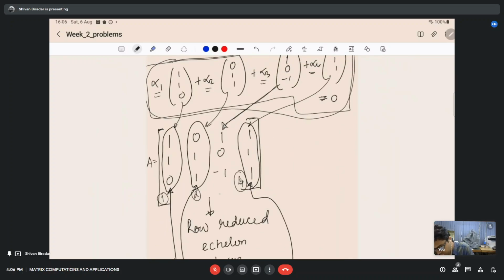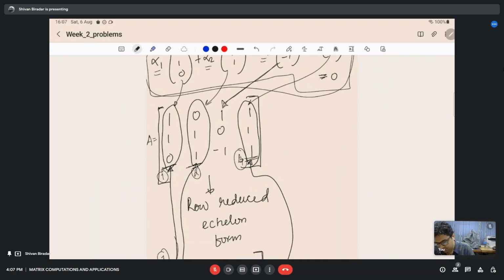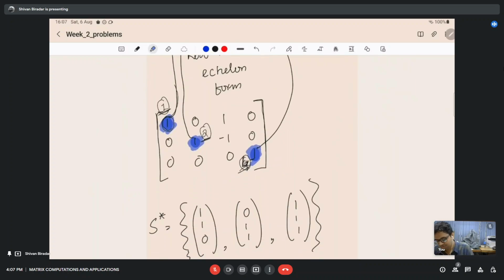So 1, 2, and 4 are my pivots, which means that the first vector, second vector, and fourth vector are linearly independent. The remaining vector is a linear combination of these 3 vectors. So remember this result.